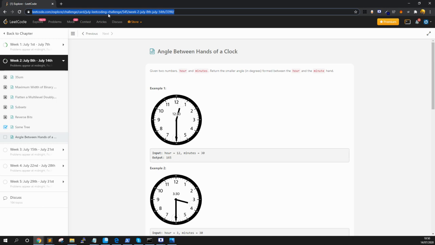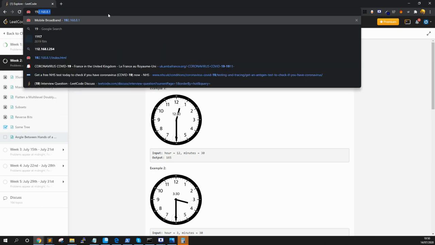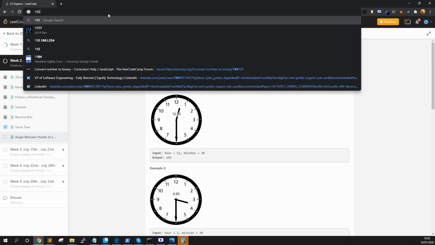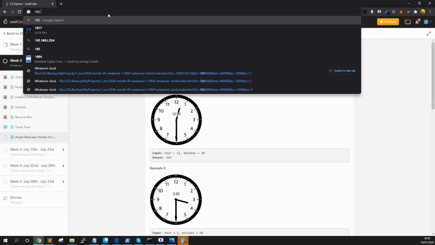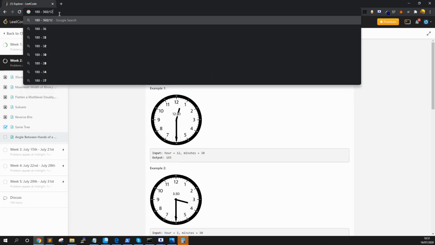So we were expecting 180 for half, but in reality it would be 180 minus half of the angle between each hour, which is 360 divided by 12.